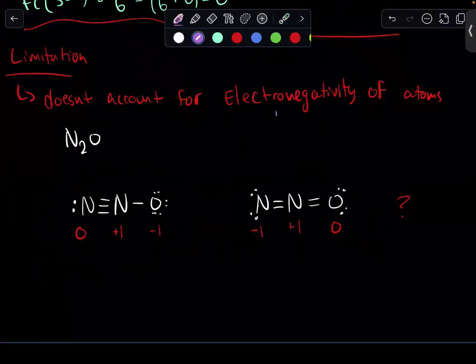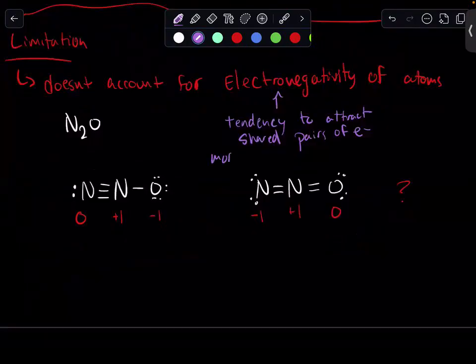Now, electronegativity, we may remember, is the tendency to attract shared pairs of electrons, meaning that also what we learned is more electronegative is more partially negative. So we're trying to think about things that are more negative.